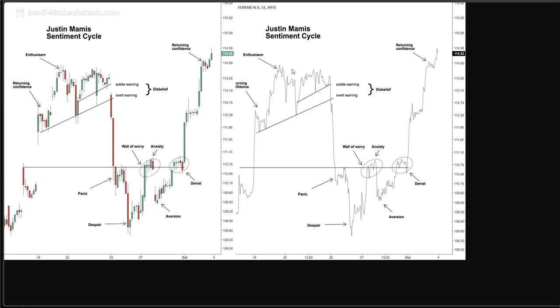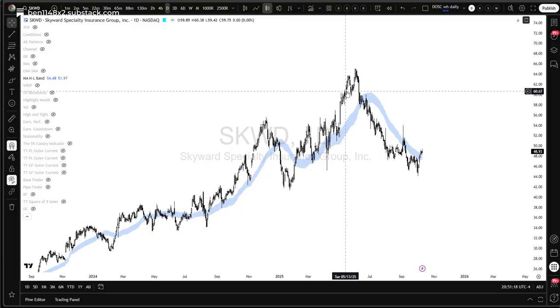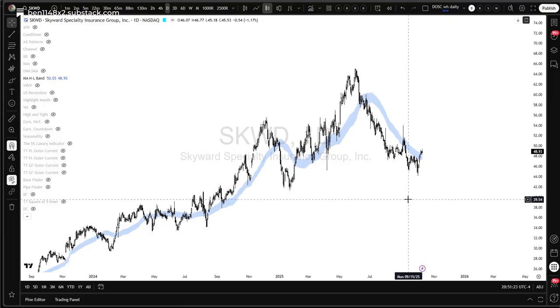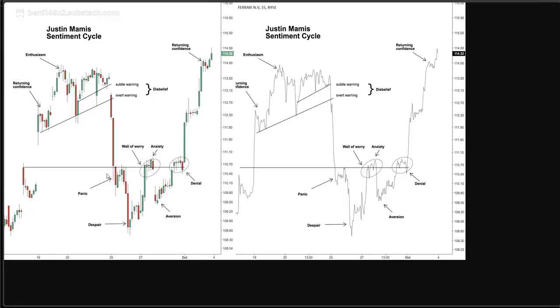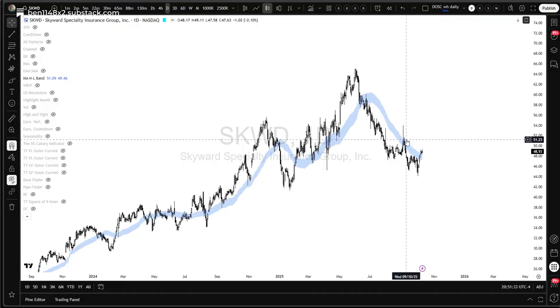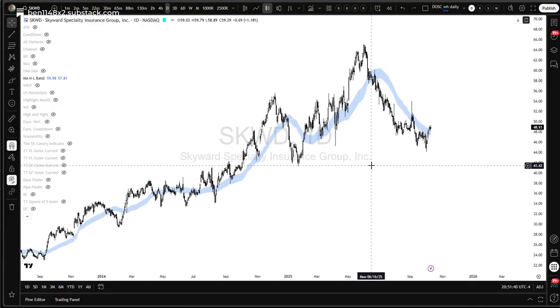You've got your enthusiasm, your subtle warning, your overt warning, and then you get a panic sell-off, despair, and then you get a wall of worry, anxiety, denial, returning confidence, right? So it showed us that subtle warning, overt warning, boom, right? And now you had your panic, and possibly this was our anxiety, right? Movement in that pattern. You can see it just replays over and over in the majority of stocks.